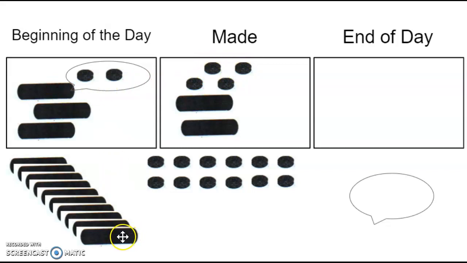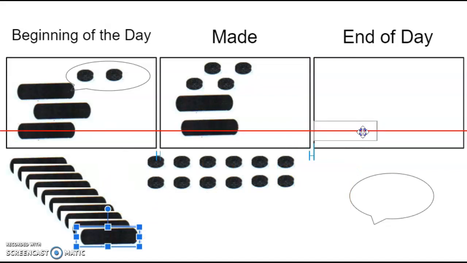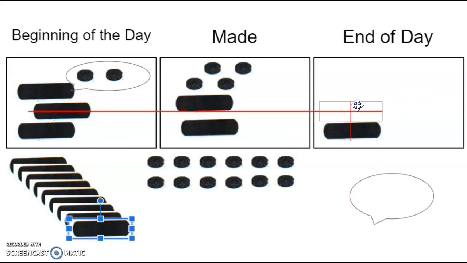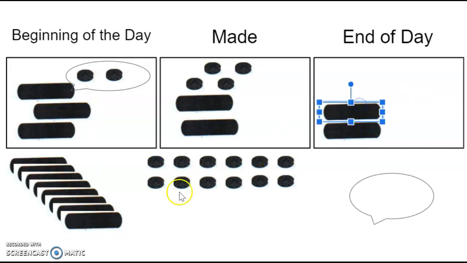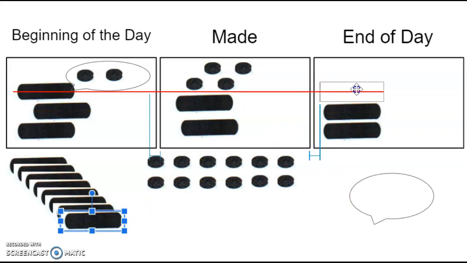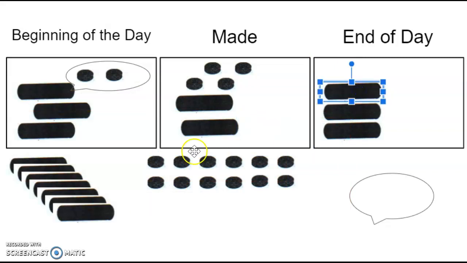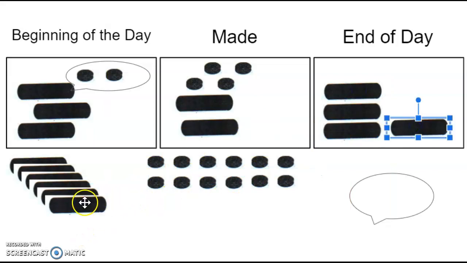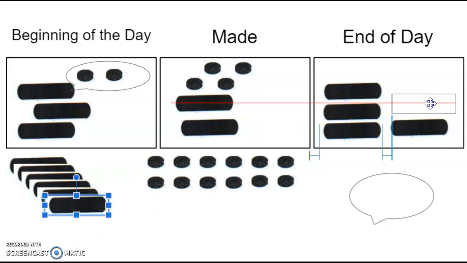So first let's look at how many rolls they have in total. And you're going to be able to move these pieces down here to help you represent how many rolls and candies there are. So here I have my 3 rolls from the beginning that they had, plus 2 more rolls that they made throughout the day.